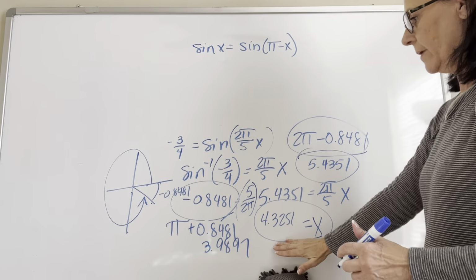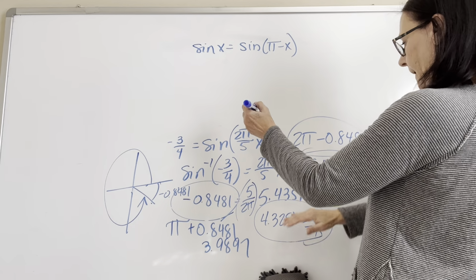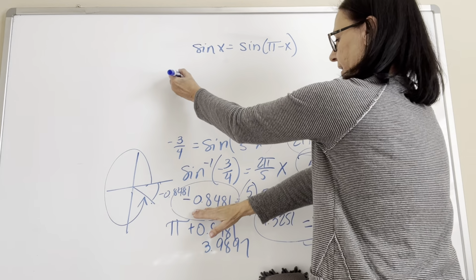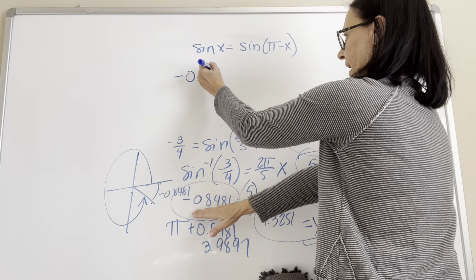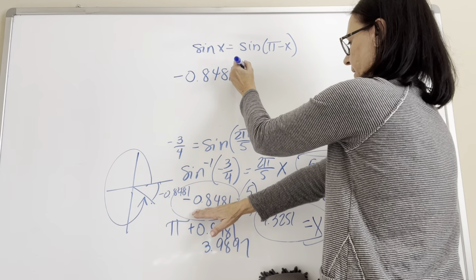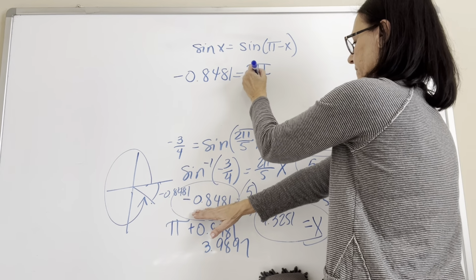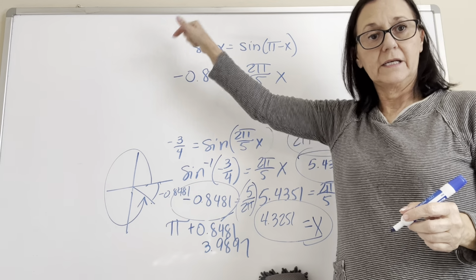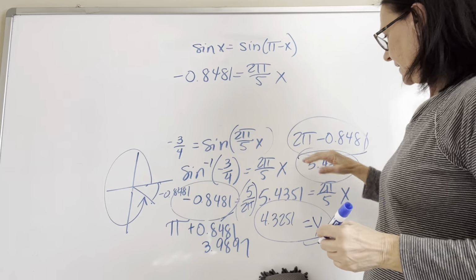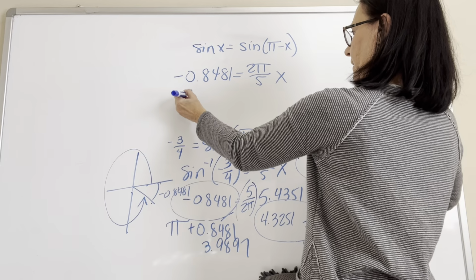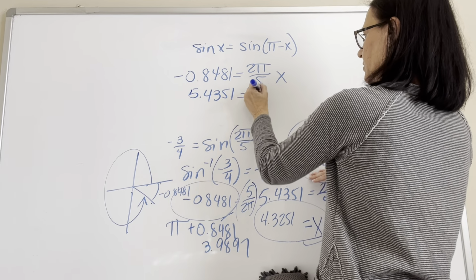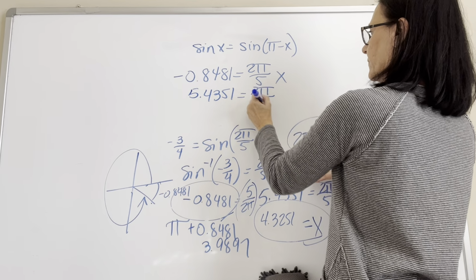All right, so I had two equations. I'm going to go back and write this on the board. I originally got negative 0.8481 equals 2 pi over 5 x. I wanted to make that positive, so I took 2 pi and subtracted that, and I got 5.4351 equals 2 pi over 5 x.